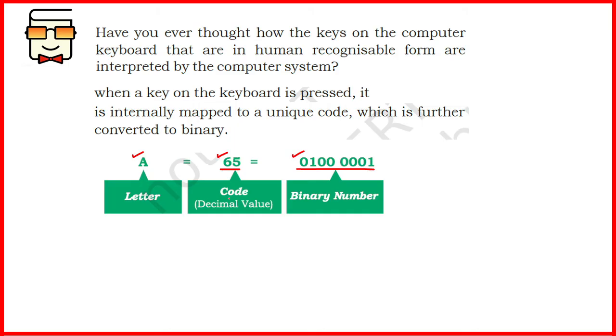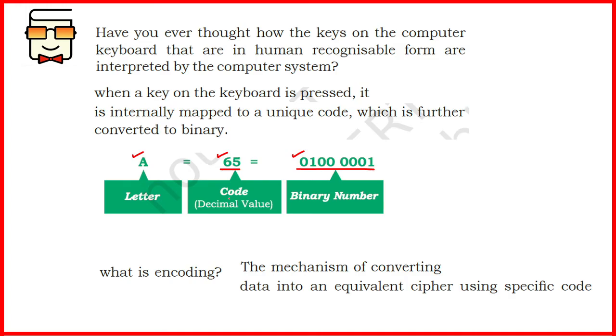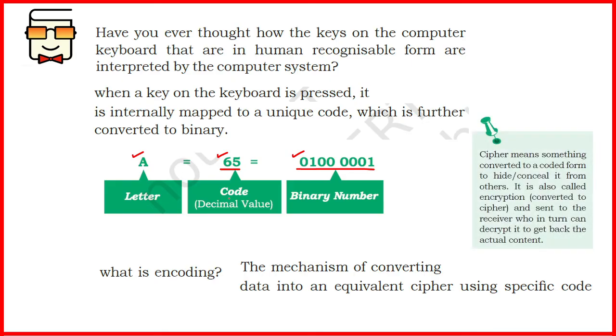Okay, so to understand encoding schemes, we must first know what is encoding. Encoding is basically a process of converting any type of symbol or data or character into a unique code, and that unique code basically represents a cipher. So what is a cipher?